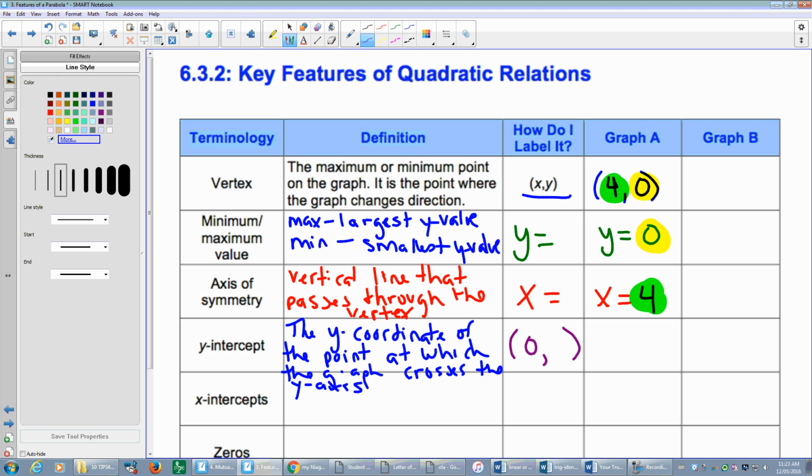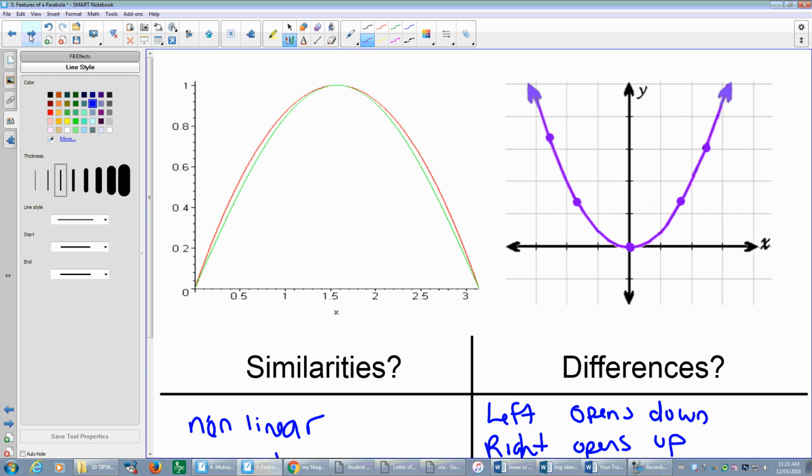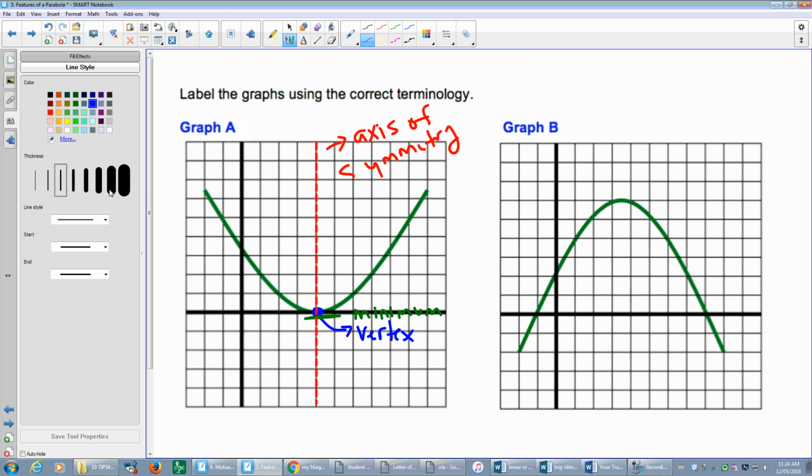So if I look at my graph A, Nick, where is my y-intercept? So 1, 2, I'd say that it's here. So that's 1, 2, 3. This is my y-intercept.